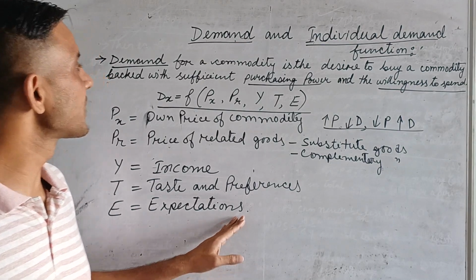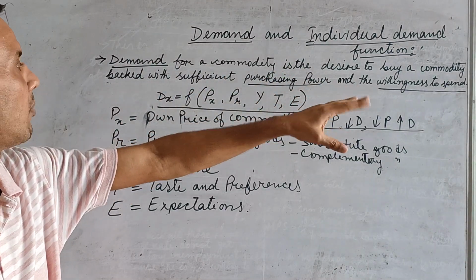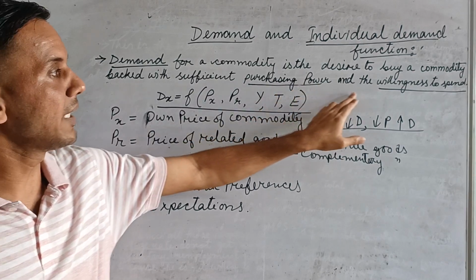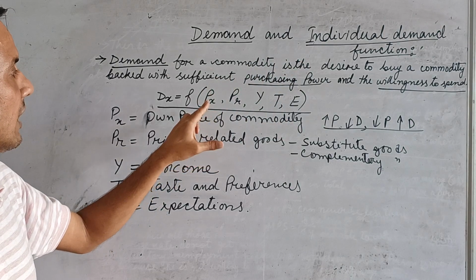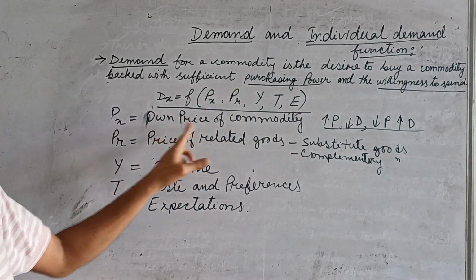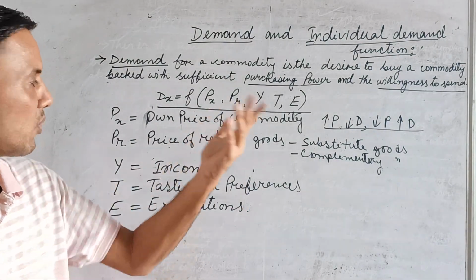Quickly, let's review. Demand for a commodity is the desire to buy a commodity backed with sufficient purchasing power, the ability to buy, and the willingness to spend. In the demand function, Px is the own price of the commodity: more price, less demand; less price, more demand.